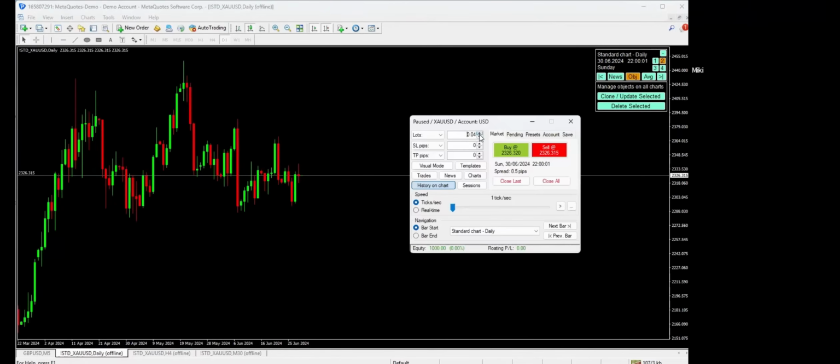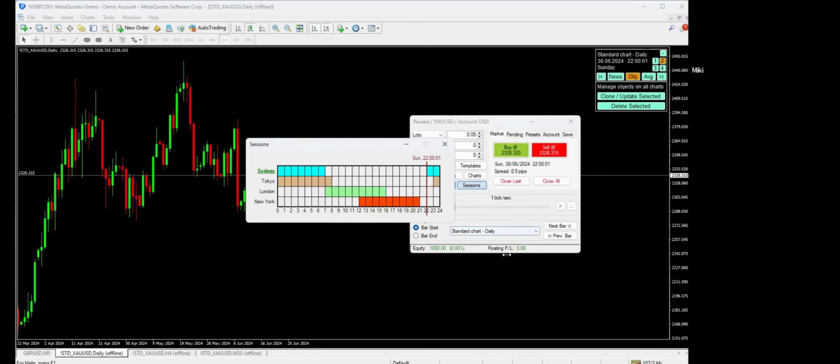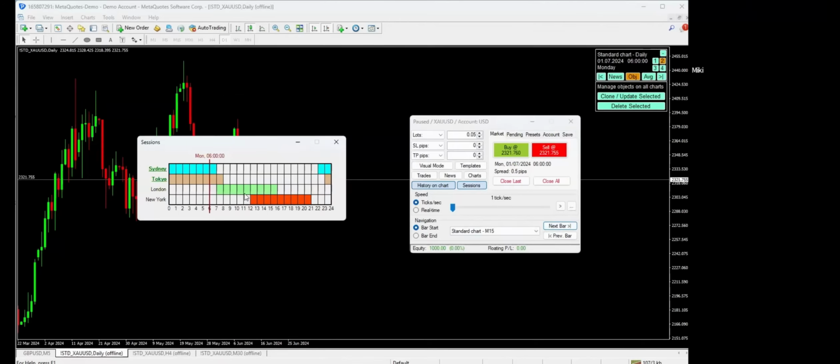So stop loss is going to be 0.05. And let's get to London session. Next bar. This shows when the sessions open. So typically London opens at 8 o'clock, and I believe this is 7 o'clock really.